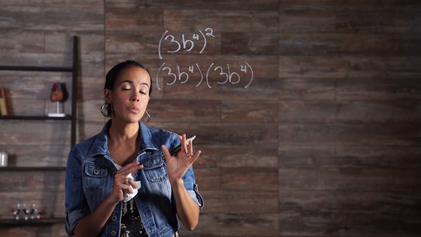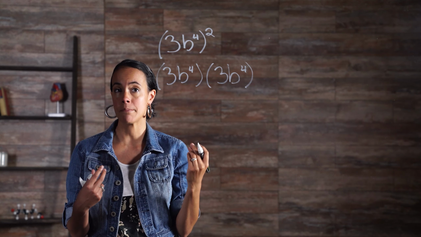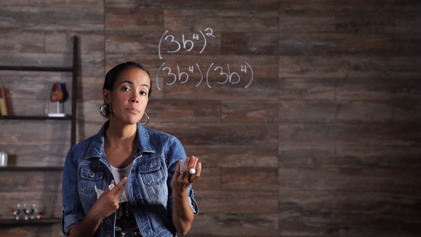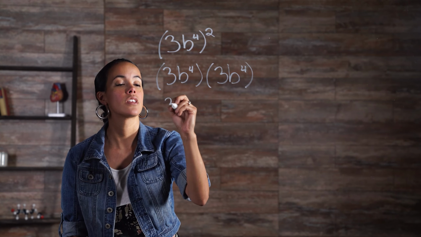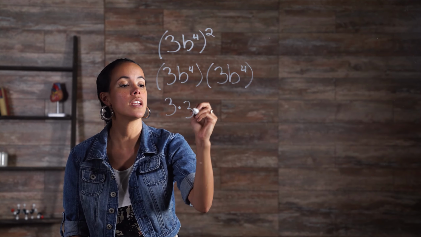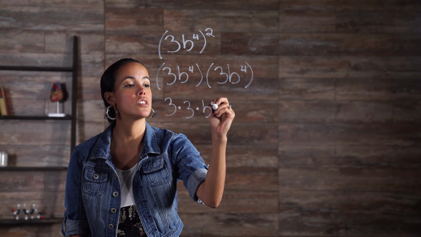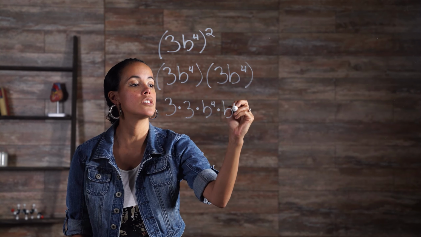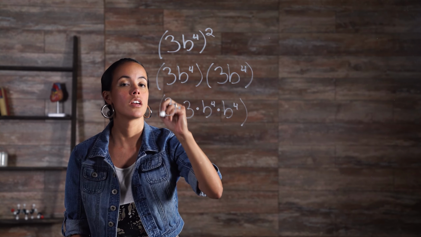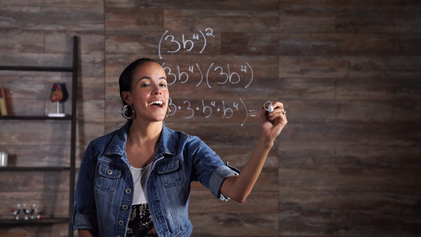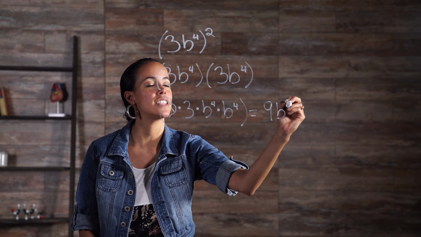Rearranging the factors to group the coefficients and the powers with the same base, b, and simplifying gives us 3 times 3 times b to the fourth times b to the fourth equals 9b to the eighth.